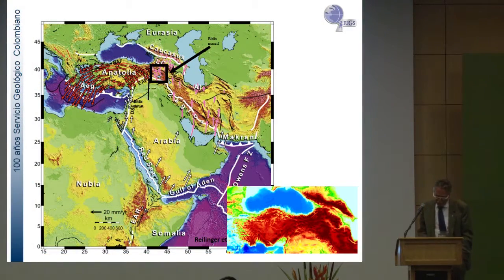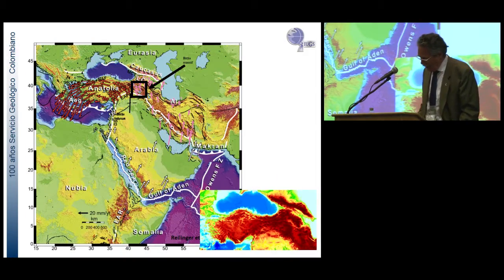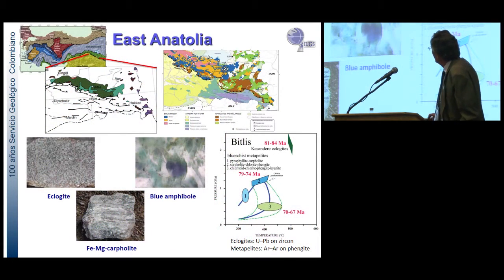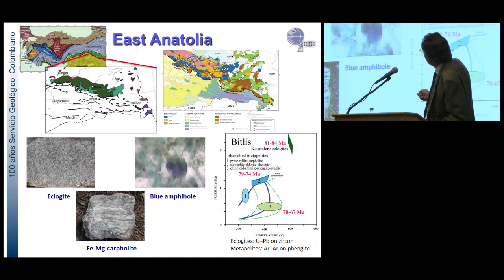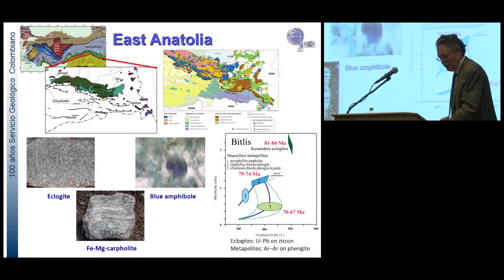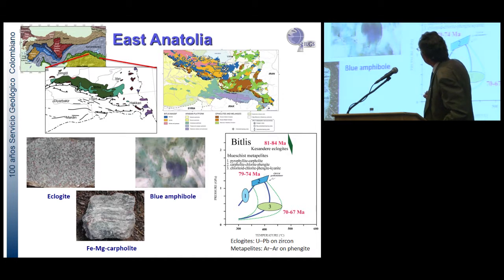This high plateau is not like the one in East Africa. It is there despite the fact that there is no extension, but there is an initiation or an ongoing collision. Now, of course, when we started in this place, there was already a metamorphic map, indicating this is all greenschists and amphibolites.